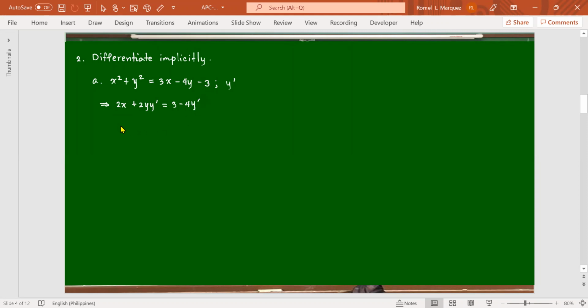Collect those terms with y prime. So we add 4y prime on each side. We get now 2y y prime plus 4y prime equals 3 minus 2x, adding negative 2x and 3 on each side.